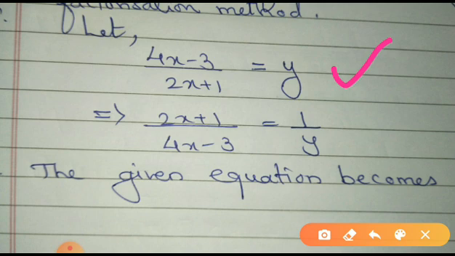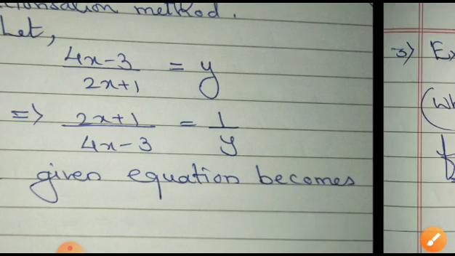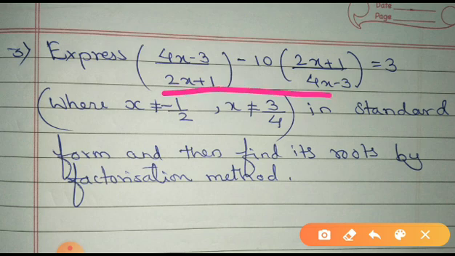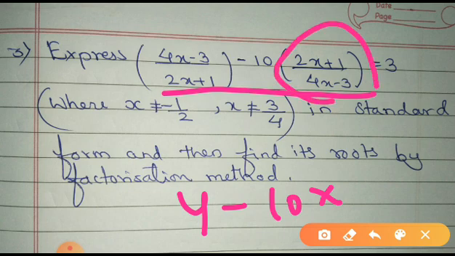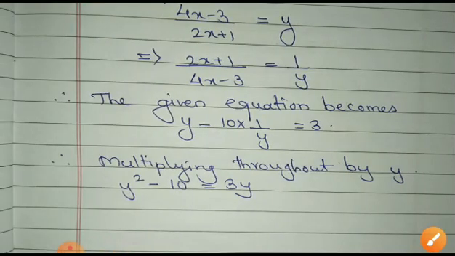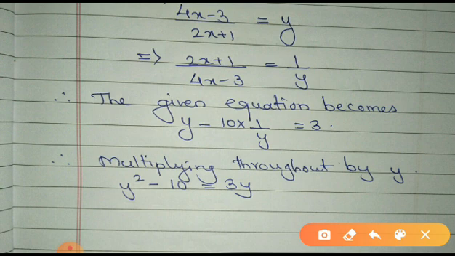So I have the first term as y and the second term as 1 by y. So this equation I can rewrite as y minus 10 into 1 by y equal to 3. Is that clear? So I'll get y minus 10 by y equal to 3.